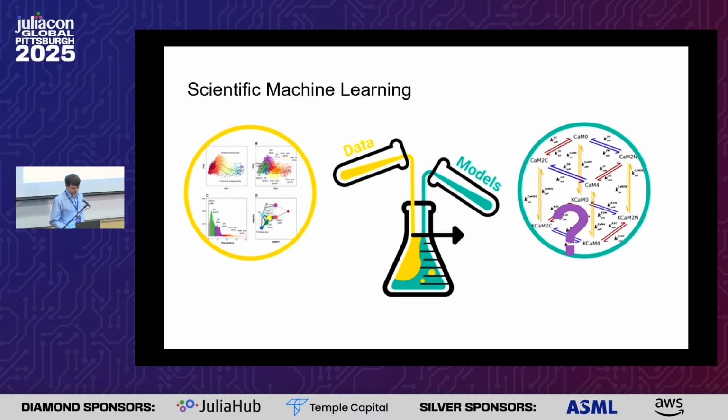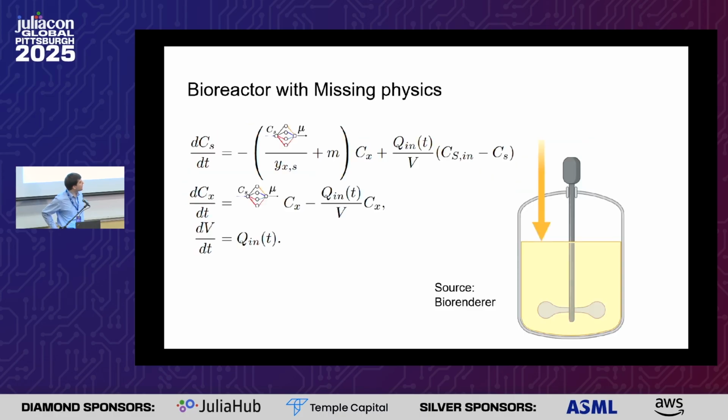And to showcase this better, we're going to start with a concrete case study on a bioreactor. So that's the bioreactor in question, and we already know quite a lot about bioreactors. So what does the system do?